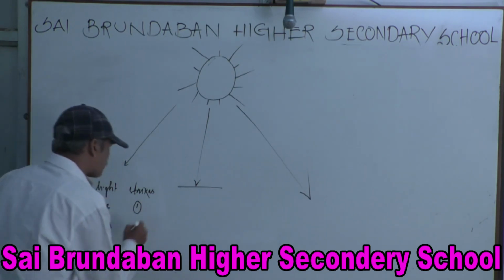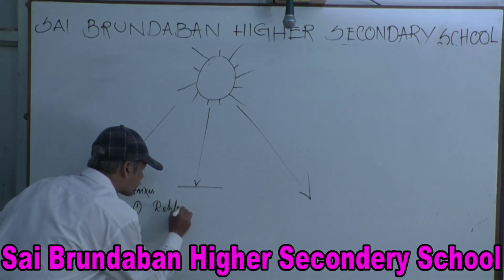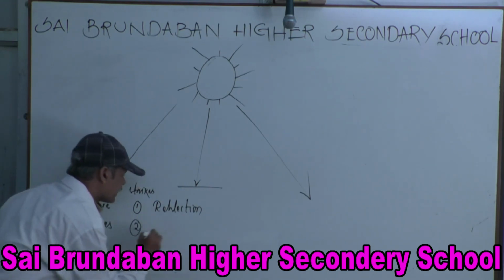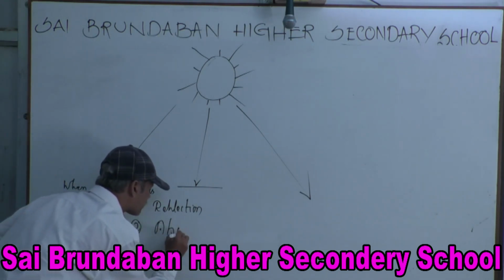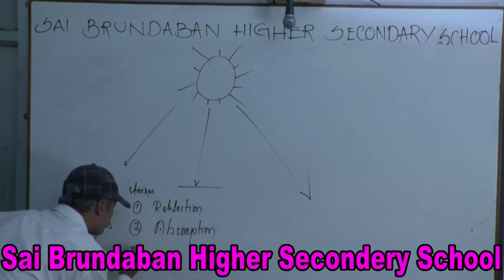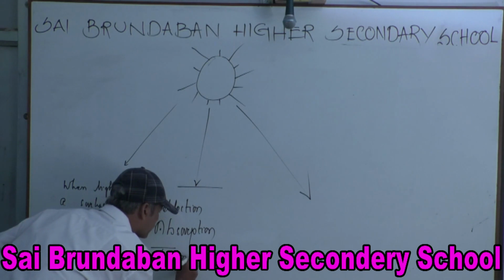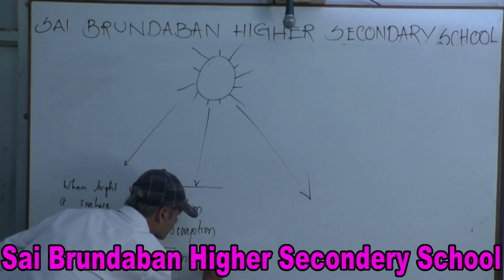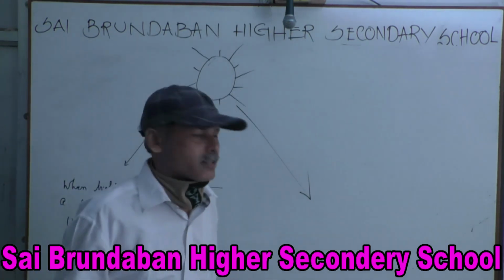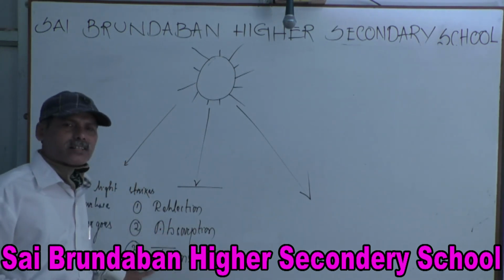These phenomena are number 1, reflection, number 2, absorption, number 3, transmission. So you remember, when light strikes a surface, it undergoes 3 phenomena. One is reflection, another one is absorption, another one is transmission.